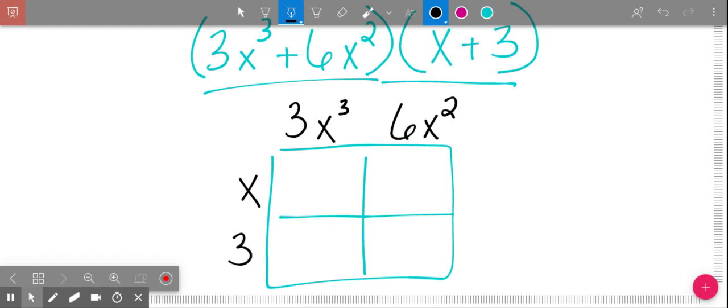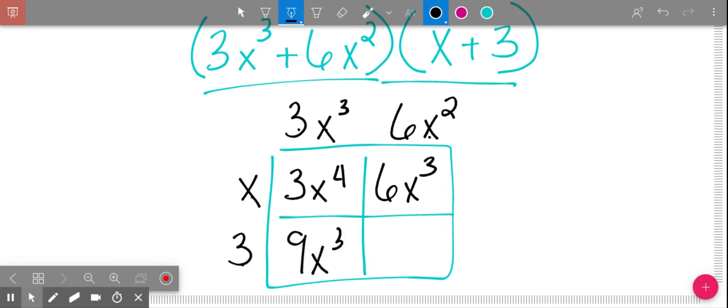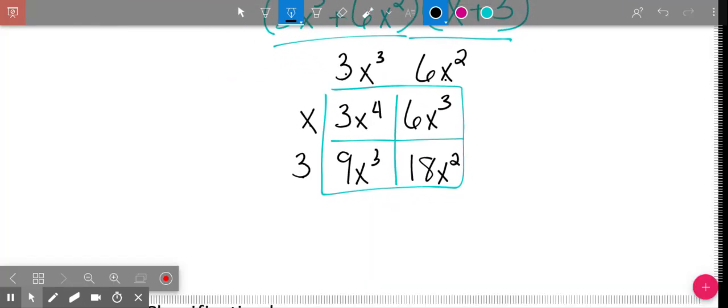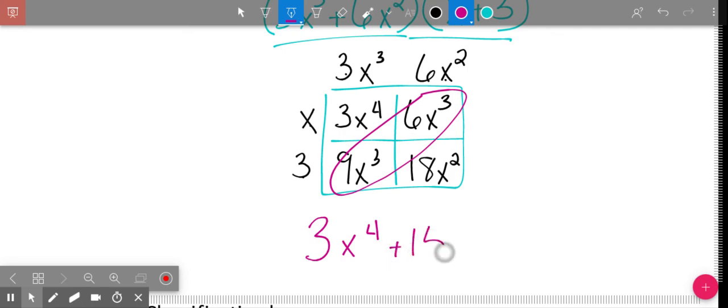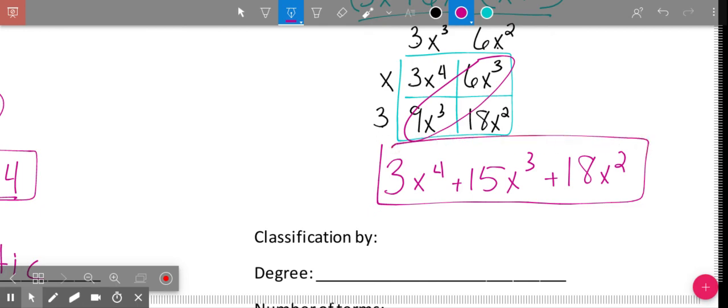So 3x cubed times x will give me 3x to the 4th. x times 6x squared gives me 6x cubed. 3x cubed times 3 gives me 9x cubed. And 3 times 6x squared gives me 18x squared. Now I just need to combine my like terms on the diagonal. So I'll have 3x to the 4th, 9x cubed plus 6x cubed gives me plus 15x cubed, plus 18x squared. And that's going to be my final answer.